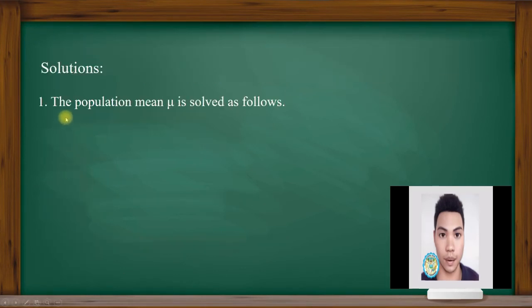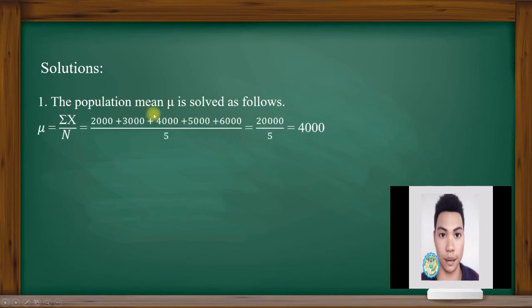The solutions. So first we have to find the population mean. So the same dun sa ating unang step sa ating first problem or first example. Just add the x and then divide by the n, which is yung x natin dito is yung 2,000 plus 3,000, 4,000, 5,000 plus 6,000. Ito yung mga shares ng ABM students.